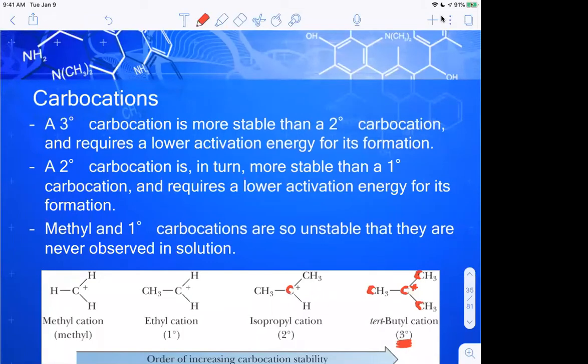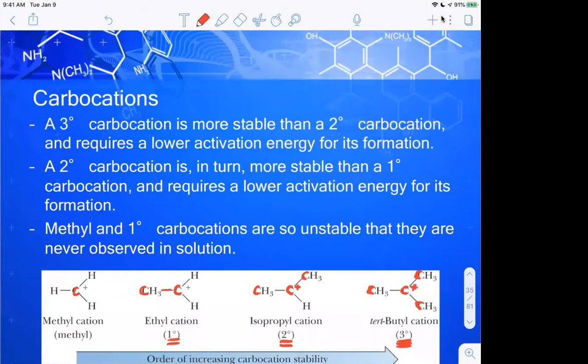When I have the carbocation and I have 2 carbon groups attached to it, that's going to be secondary. When I have a carbocation and I have 1 carbon and the rest are hydrogens, that will be primary. And then my methyl carbocation is just when I have a methyl group that lost a hydrogen and became positive.